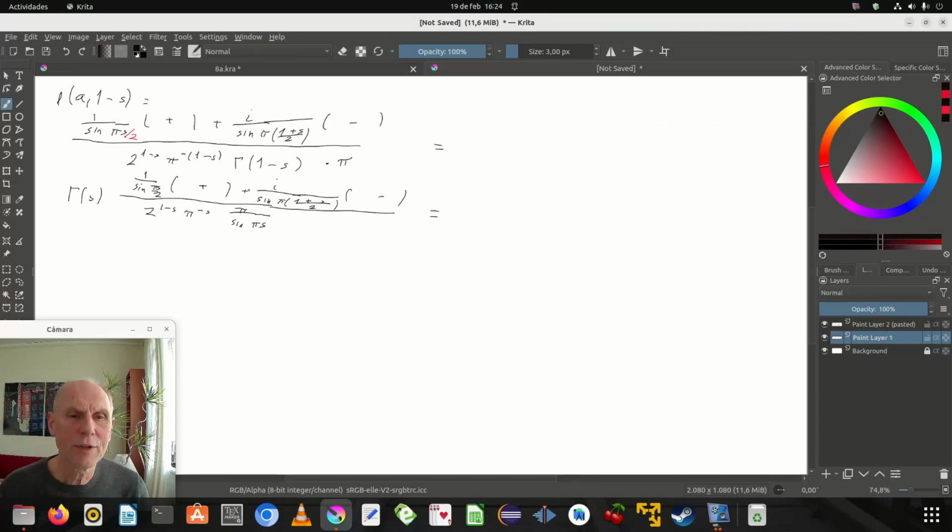Ah, and now this becomes cosine. So 2 to s minus 1 pi to s minus 1. This gives minus s plus 1. Gamma s.